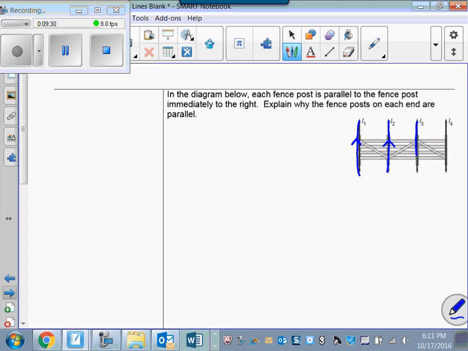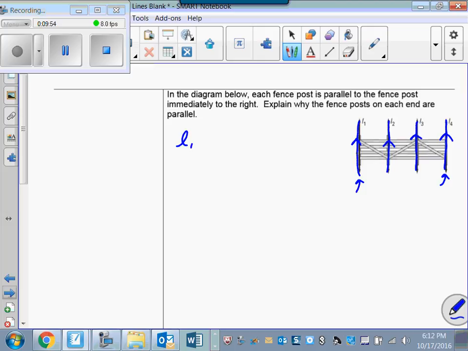So 2 would be parallel to 3, and then 3 would be parallel to 4. So what they want us to do is say, how come I know that the first fence post, L1, is parallel to L4? Well, let's see. What we know is from the given, we're not going to prove this, we're just going to reason it out. We could write a proof, but we're not going to.